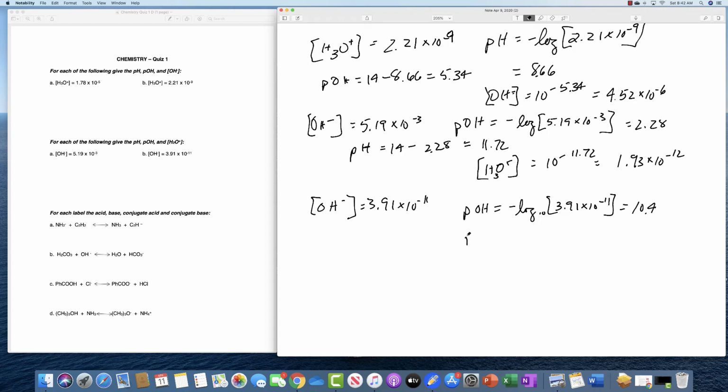And then the pH is equal to 14 minus 10.4, which is equal to 3.6.